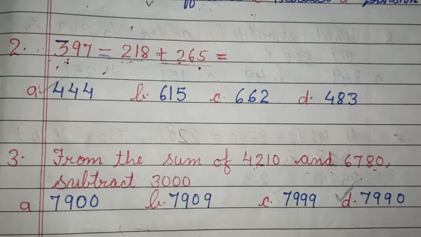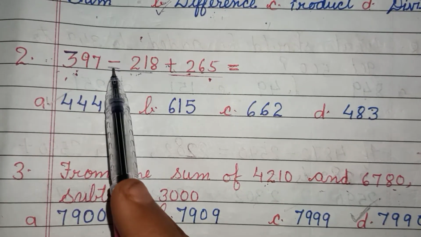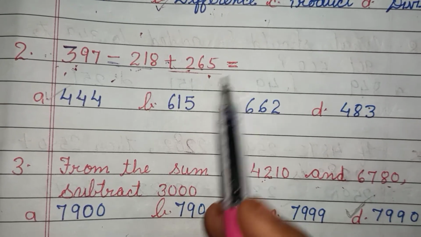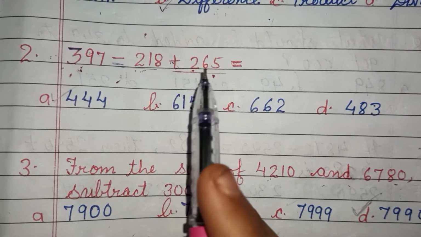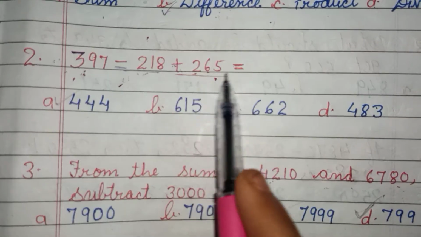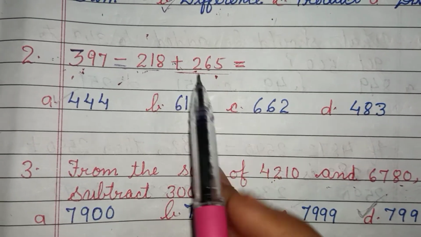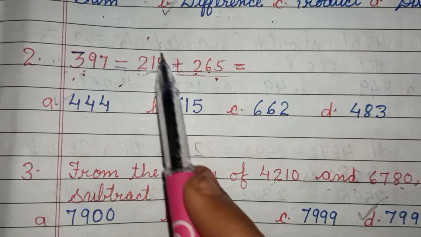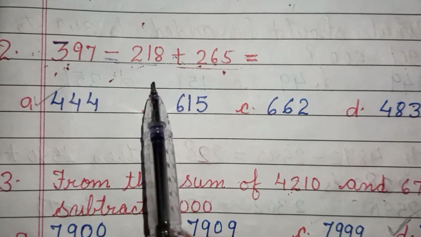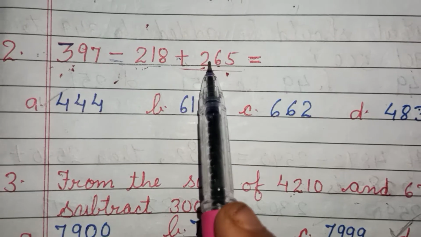Now the second question is 397 minus 218 plus 265. Student, in this question, first we have to add both these numbers, 397 and 265. Children, now you must be thinking, why not add this number with this number, right?